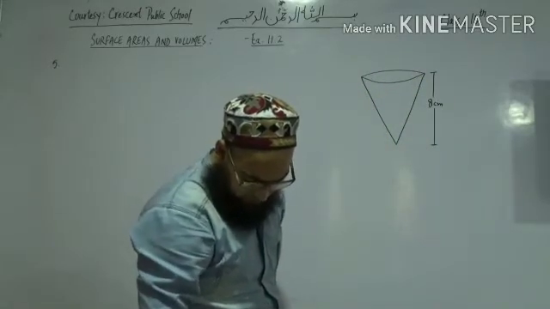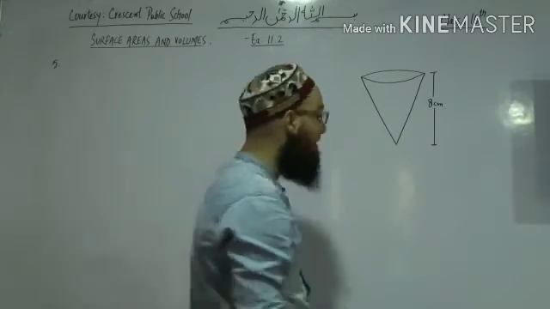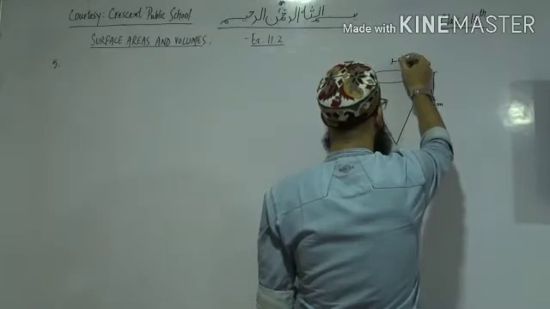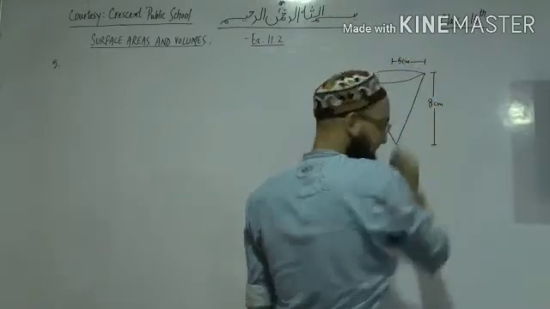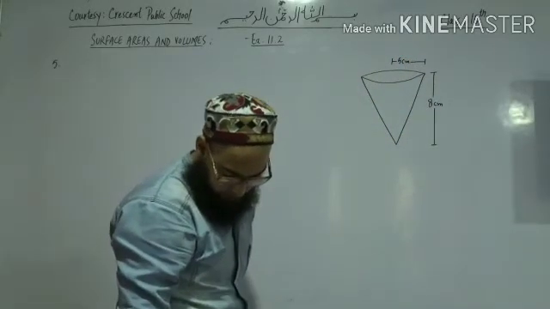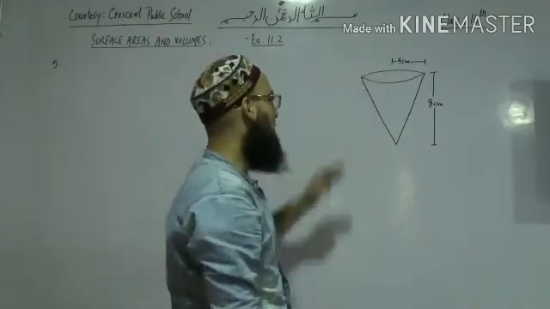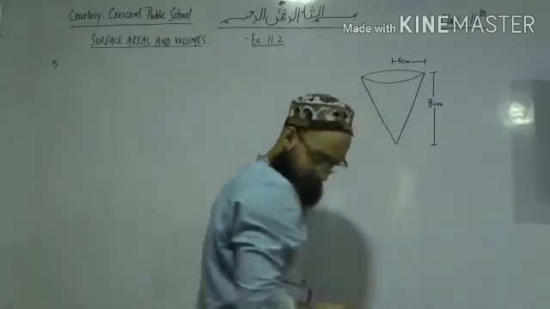And the radius of its top, which is open, is 5 centimeter. It is filled with water up to the brim. Brim means full. Water is filled up to the brim.